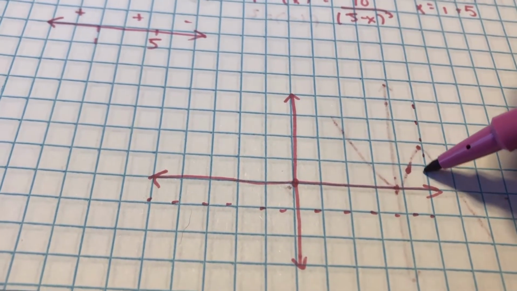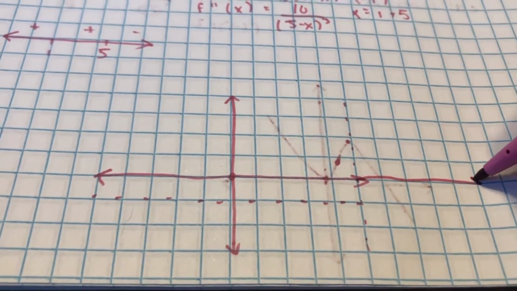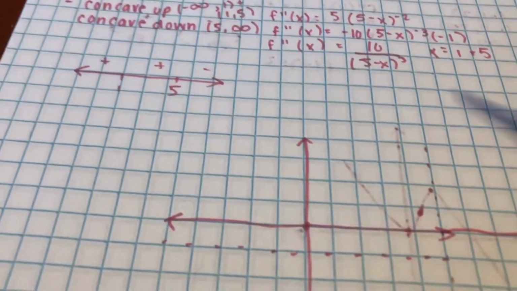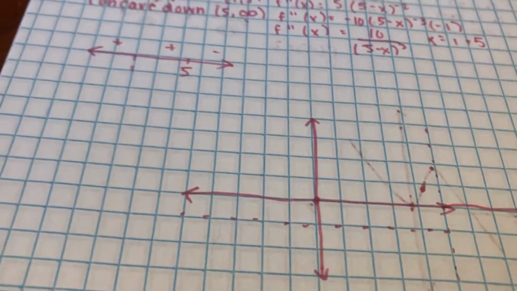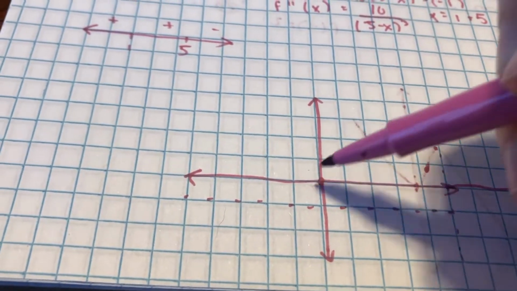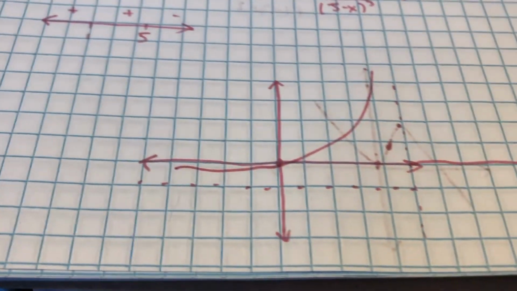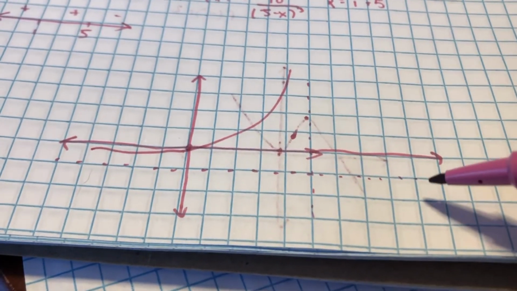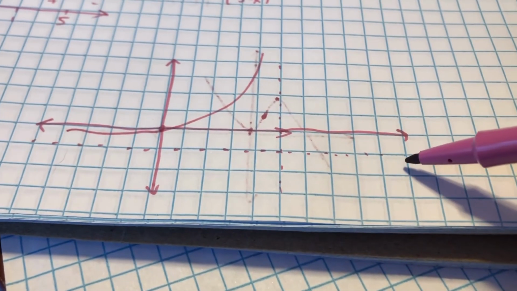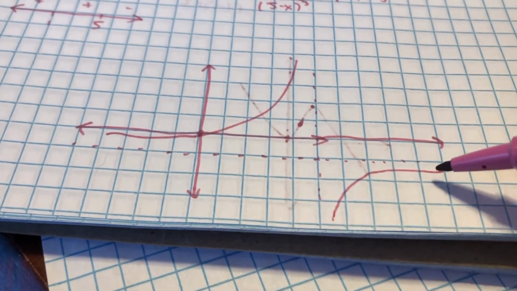We're going to go ahead and extend this graph just a little bit. We have concave up from negative infinity to 5, so all of this is concave up. We're just going to sketch this. It's going to look like that. Then our second piece is going to be the opposite. Since it's concave down, it's going to look like that, staying away from both of our asymptotes.